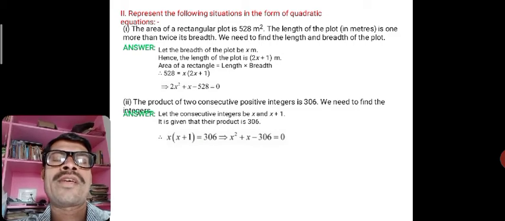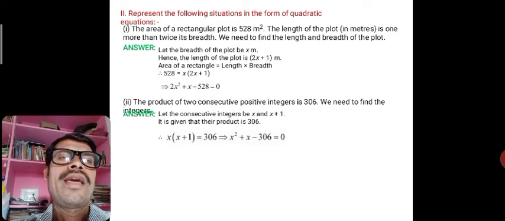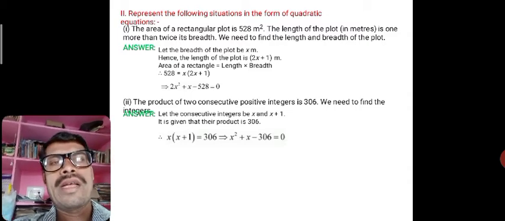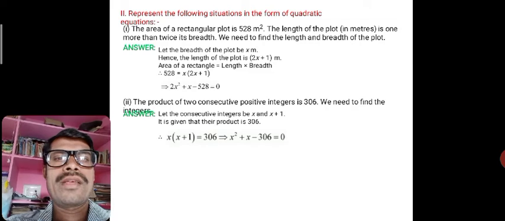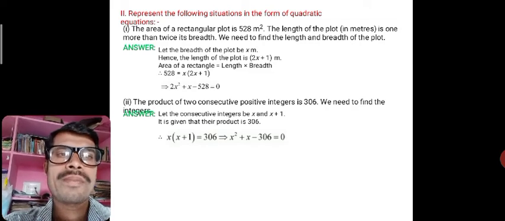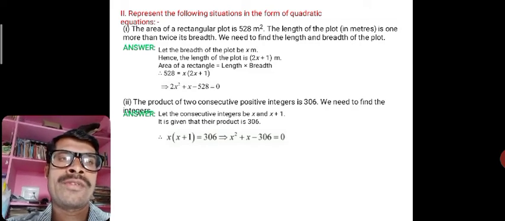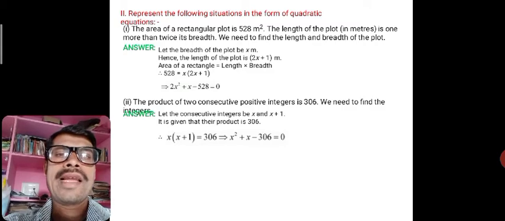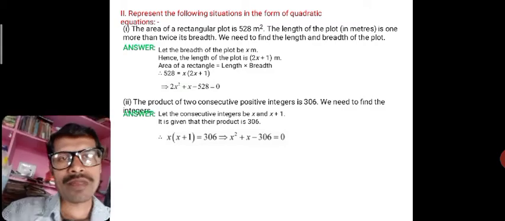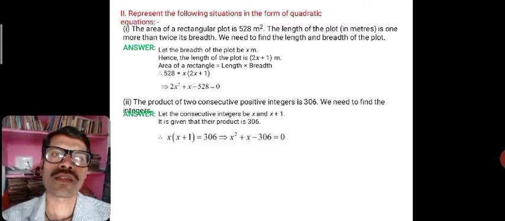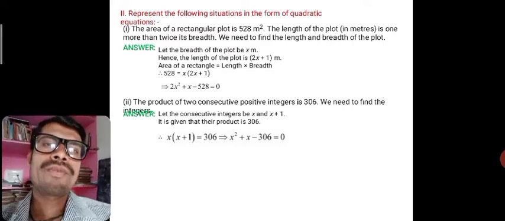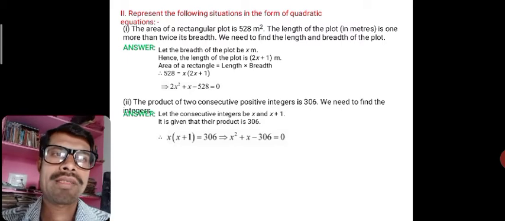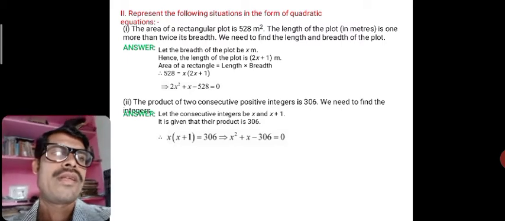Multiply that x into x + 1, you will get x² + x - 306 = 0, which is the equation form of this given statement. x² + x - 306 = 0 exactly resembles the standard form ax² + bx + c = 0, where a is 1, b is 1 and c is -306.